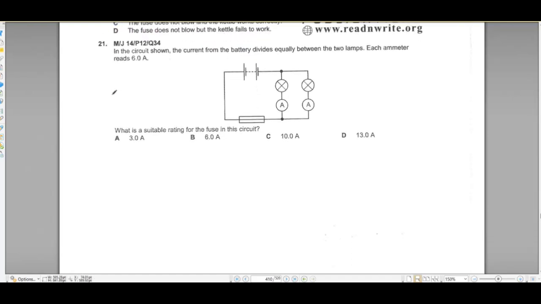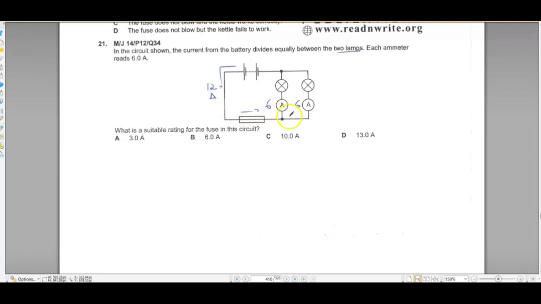Question number 21. In the circuit shown, the current from the battery divides equally between two lamps. Each ammeter reads 6 amperes. Okay, what is the suitable reading for the fuse in the circuit? Okay, if you see that each ammeter reads 6 amperes and this is a parallel circuit, actually there was 12 ampere current which was coming through.